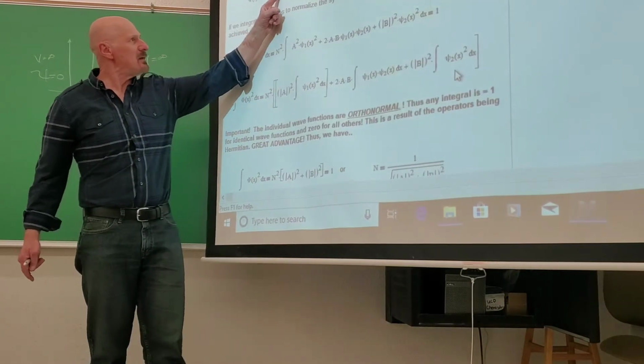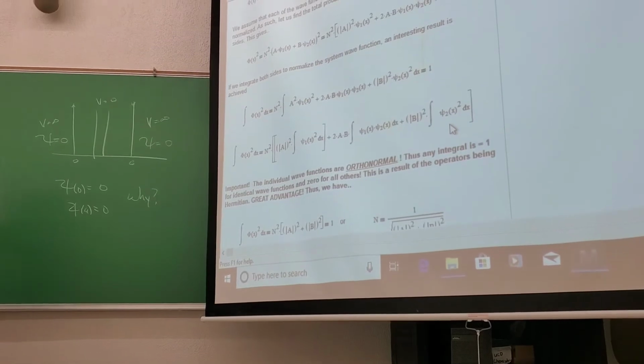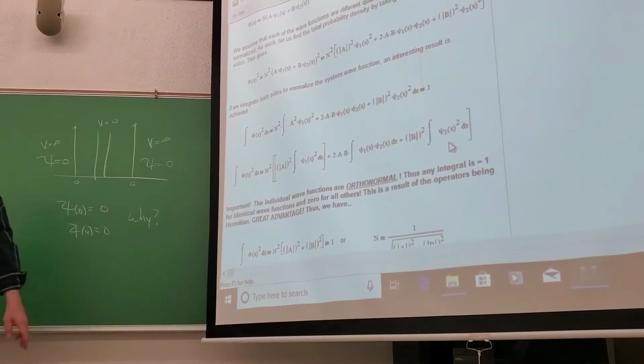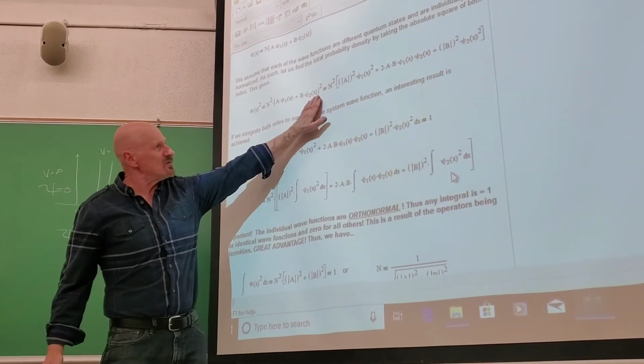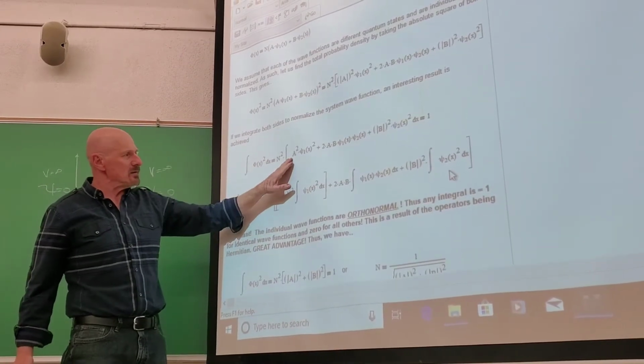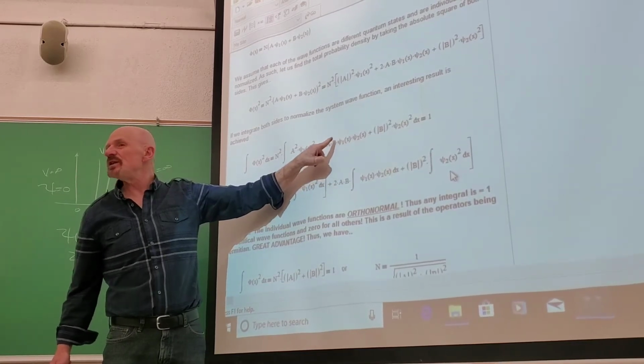I have an A here and a B here, which represents my 1, my square root of 2, square root of 3. When we then expand this and then integrate it, the cross terms disappear.